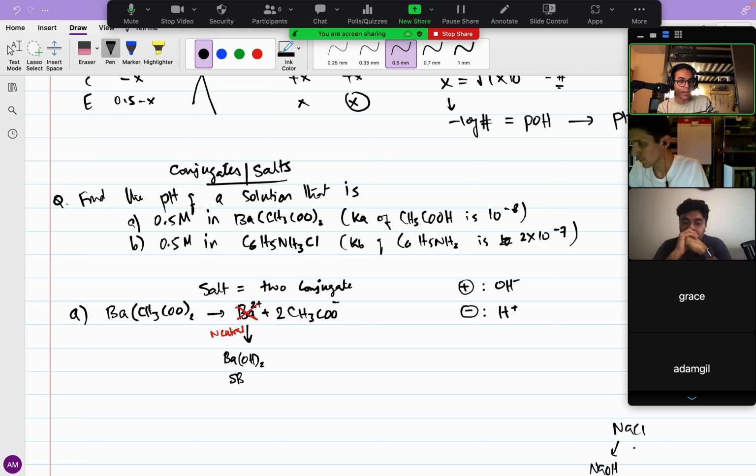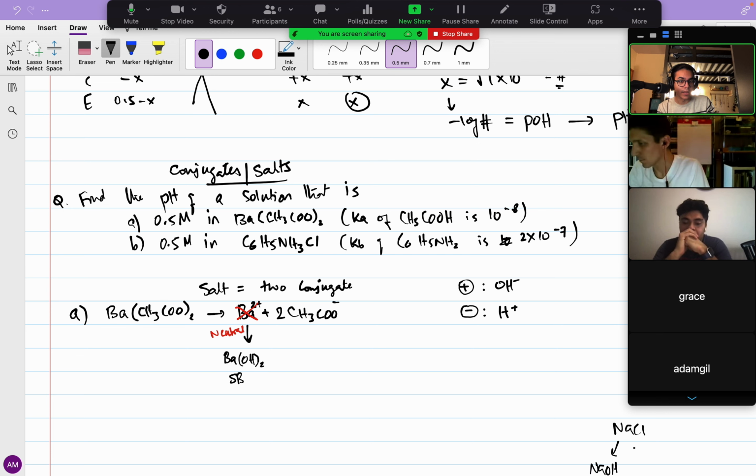No. You are touching on something very important, and that only happens with water, by the way. OH minus is the conjugate of H2O here. It's what's left of the water after the water has done its job of being an acid. You'd never want to think of water as an acid or base. You just look at the other thing.